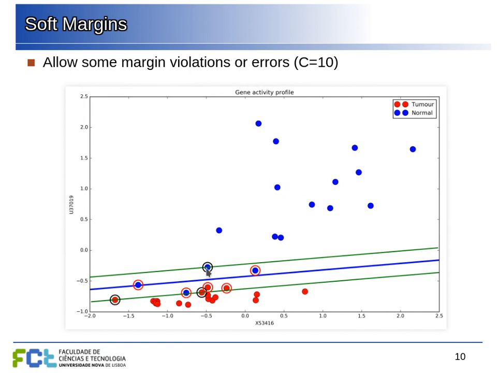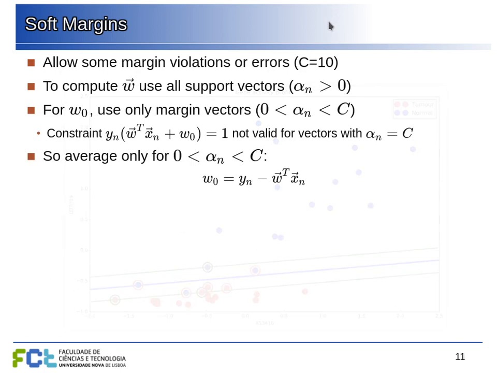And these support vectors that are on the margin have an alpha value that is greater than 0, but was not raised up to the limit of C that we imposed. All of these that are violating the margin have a maximum penalty of C in their alphas. So this way we can compute the W0 using only those support vectors for which alpha is below C, and discarding those for which alpha reached up to the value of C.